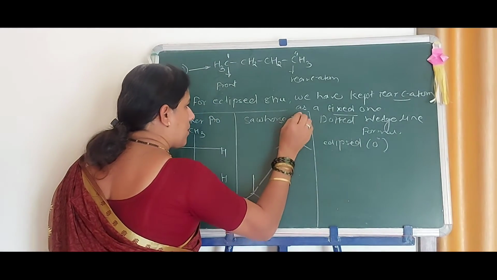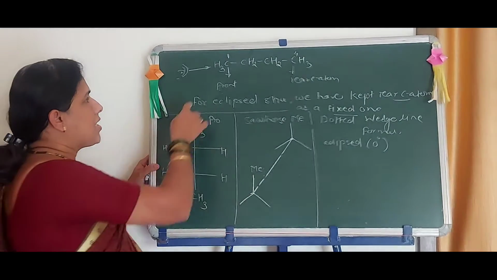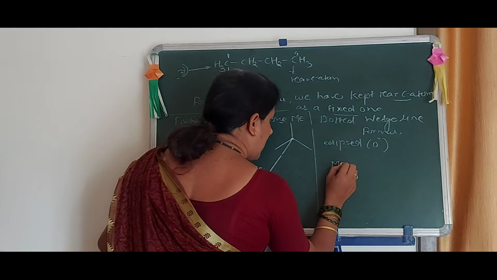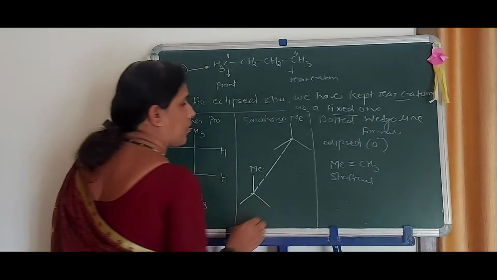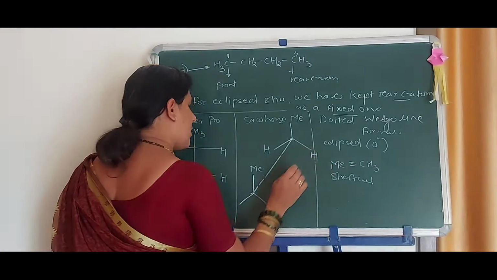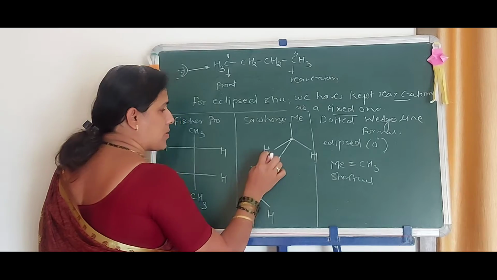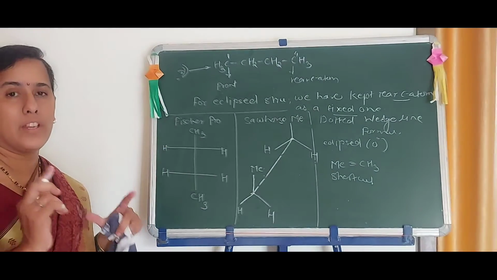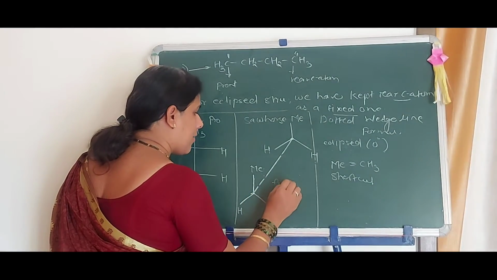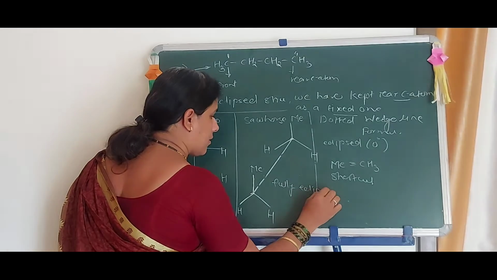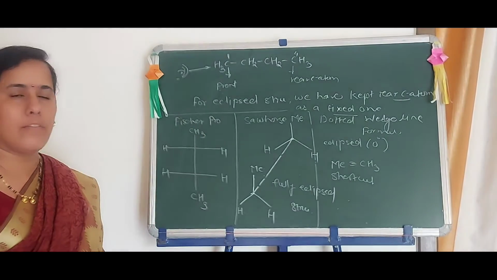Here Me is the shortcut for the CH3 group, you have to keep that in mind. This is H, this is H, and this is H. Now these H and methyl groups are very near to each other. Therefore this configuration is called a fully eclipsed structure.